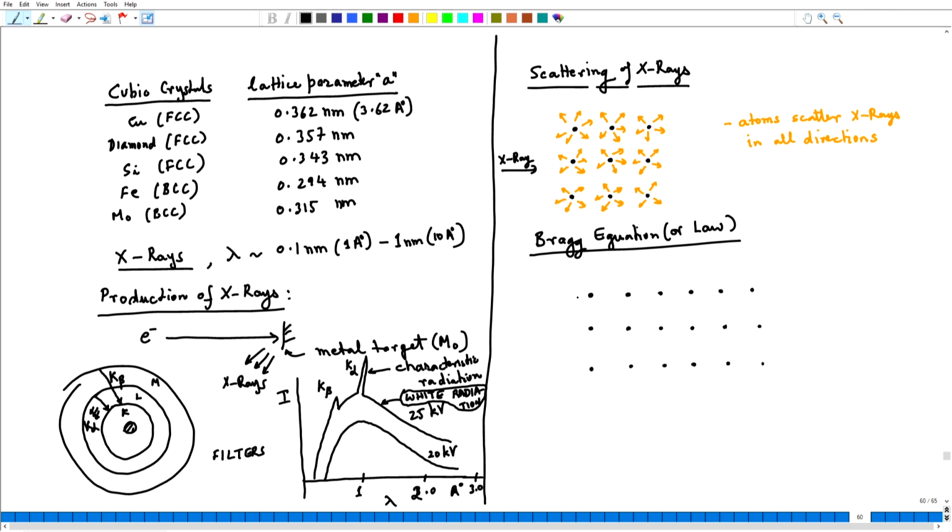So, these are my atomic planes. I have an incident beam of X-rays.